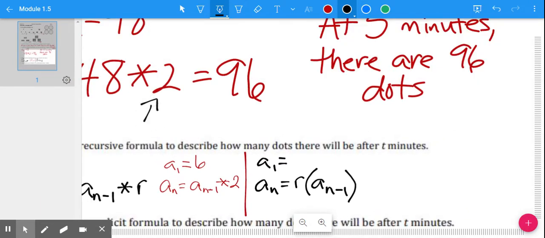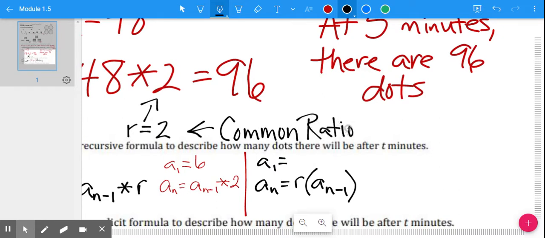So up here, I want to label that as r equals 2 is your common ratio. So the common difference was the number you add to get from one term to the next. So the common ratio is the number you multiply by to get from one term to the next.